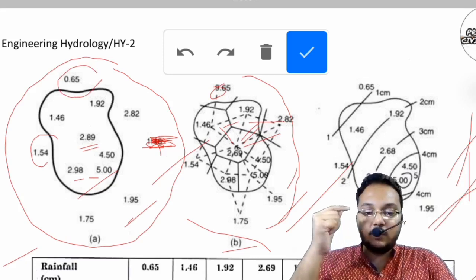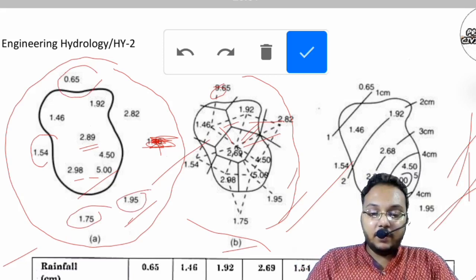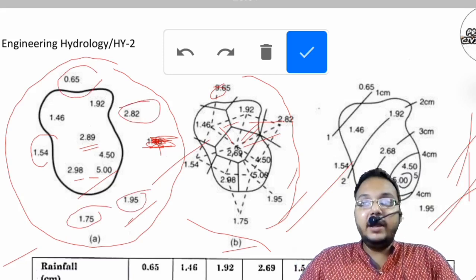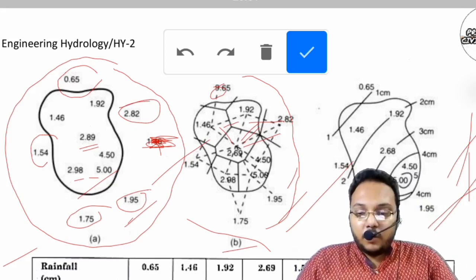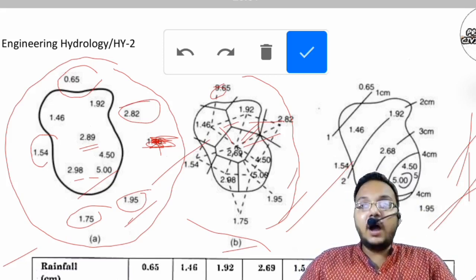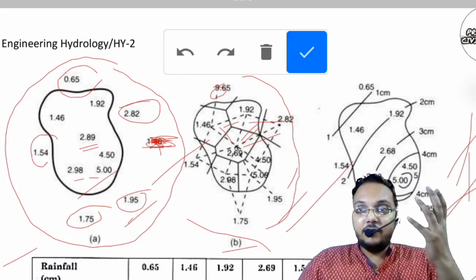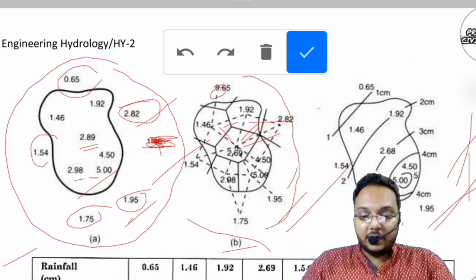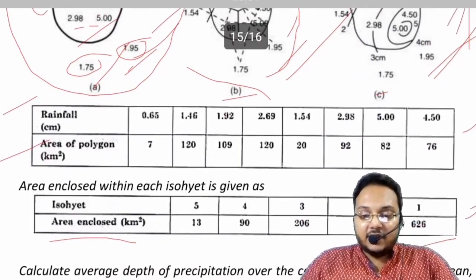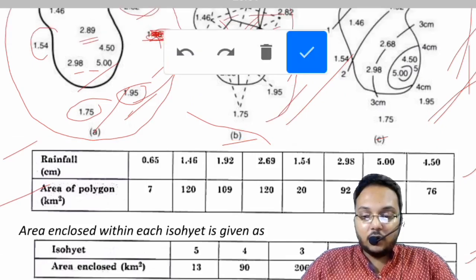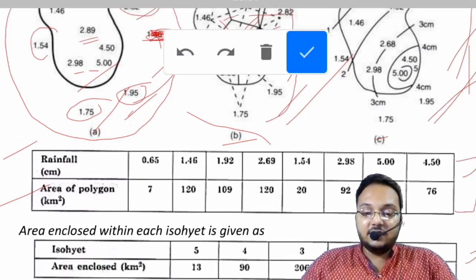See, 0.65 is close and 1.54 is very close as compared to 1.75, 1.95, 2.82, right? So we are not going to consider the values of the rainfall occurring on these three particular stations. Okay, and that is the reason the values are not given in the question for the remaining stations.